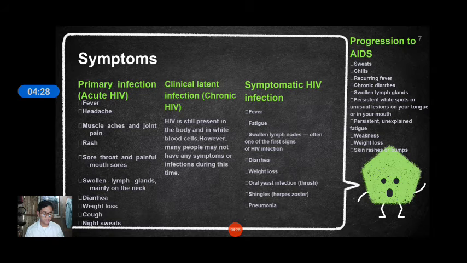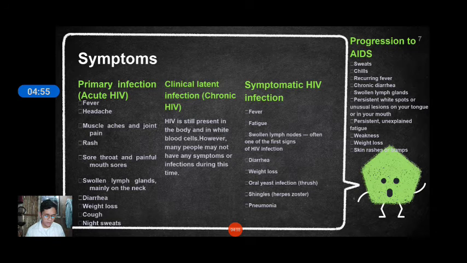In this stage of infection, HIV is still present in the body and in white blood cells. However, many people may not have any symptoms or infections during this time. This stage can last for many years, and if you're not receiving antiretroviral therapy or ART, some people develop more severe diseases much sooner.